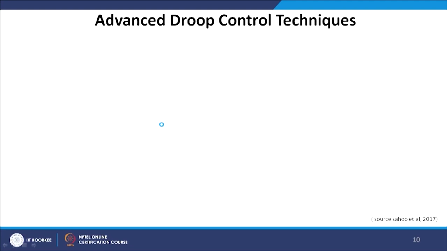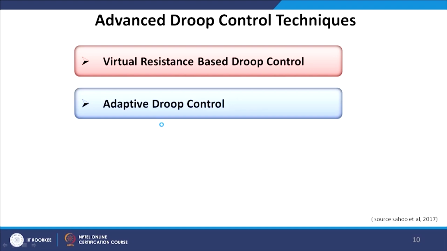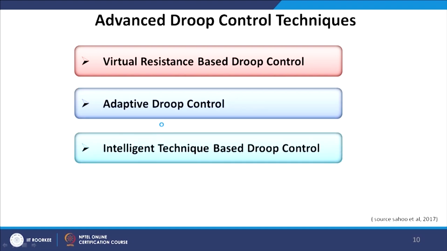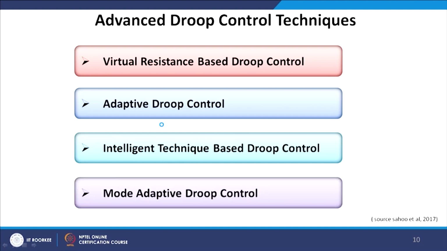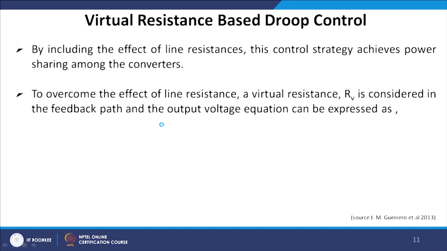Now, there are a few advanced droop control techniques in place: virtual resistance based droop control, adaptive droop control, intelligent technique based droop control, and mode adaptive droop control. Virtual resistance based droop control includes the effect of the line resistance. As I mentioned earlier, in a DC microgrid in particular, there are line drops. For example, you have two generators connected to different cables.